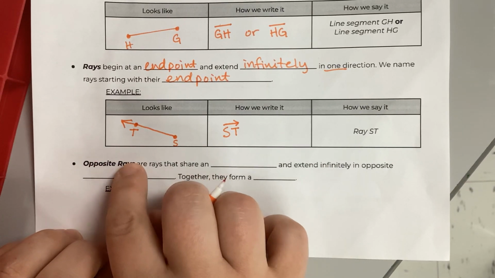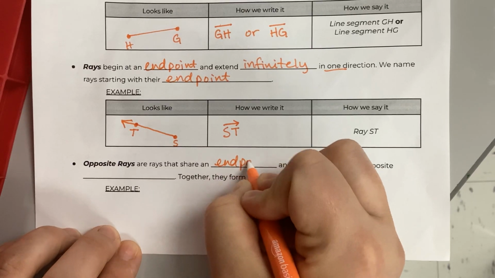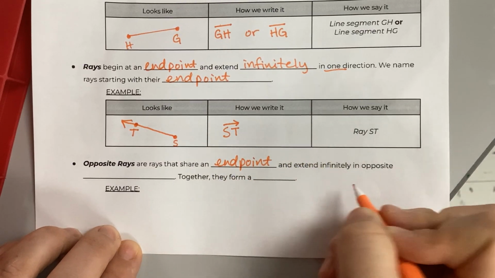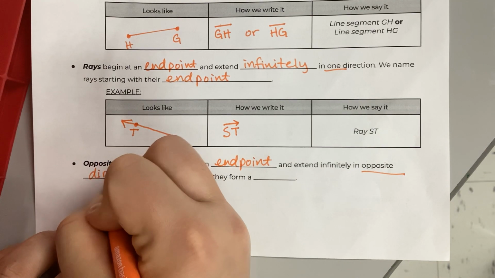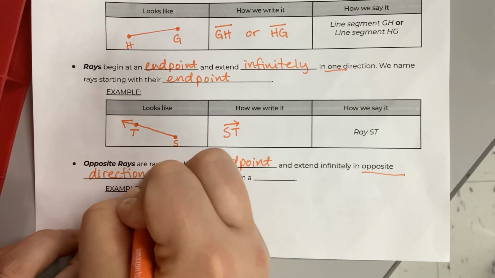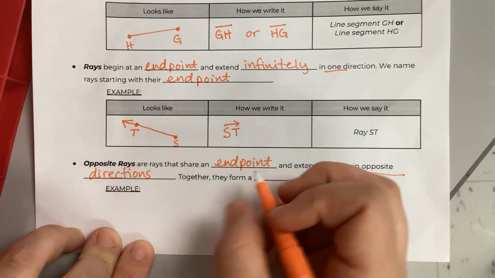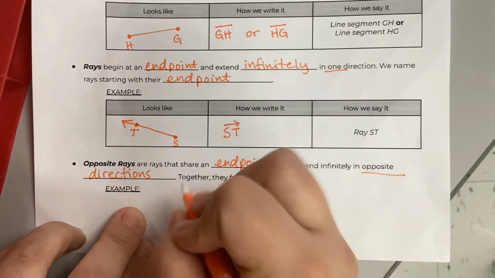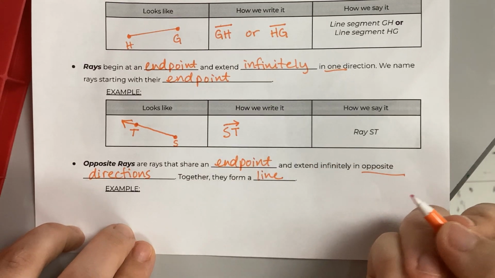All right, now opposite rays are just rays that share an endpoint, and they extend infinitely in opposite directions. So if you were to put them together, or if you just see them all as one, together they form a line.